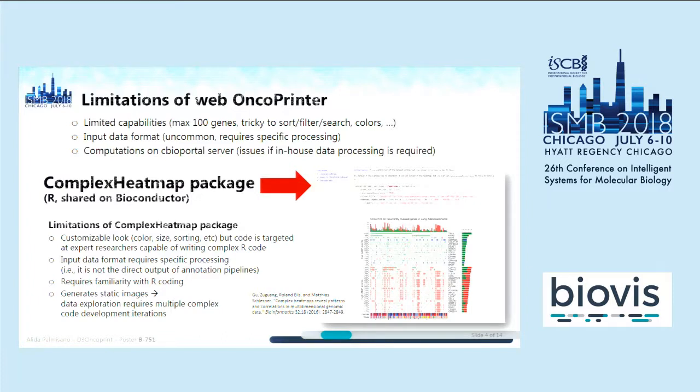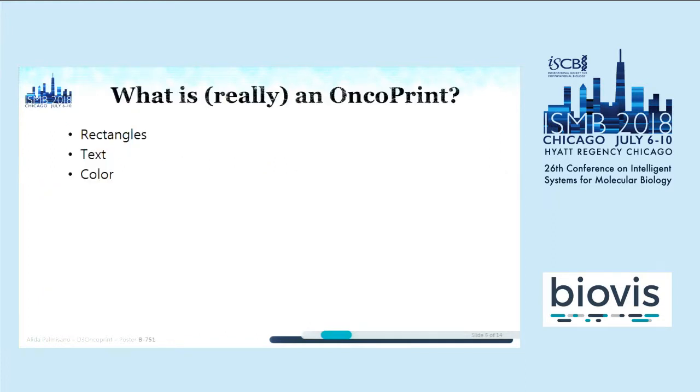So we stepped back and said, okay, these are very good things, but what is really an Oncoprint? An Oncoprint is rectangles, text, and color. That is the core of an Oncoprint.